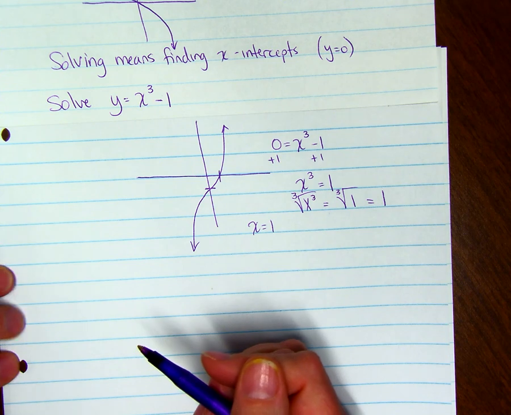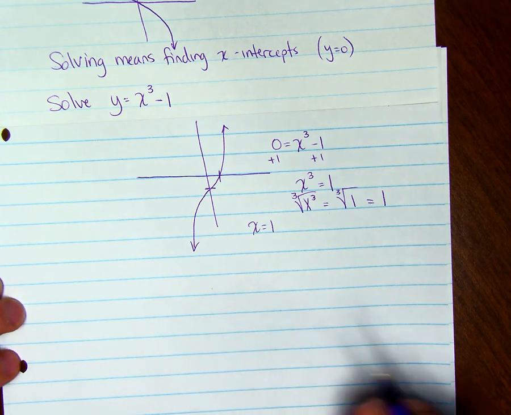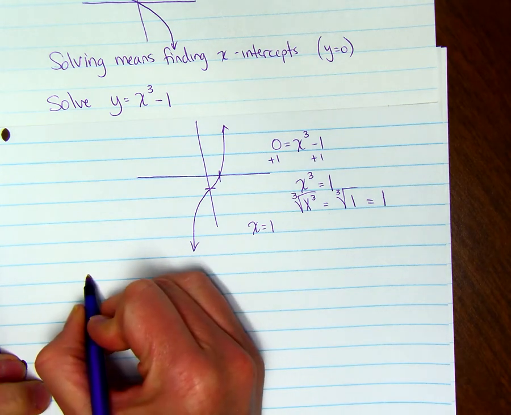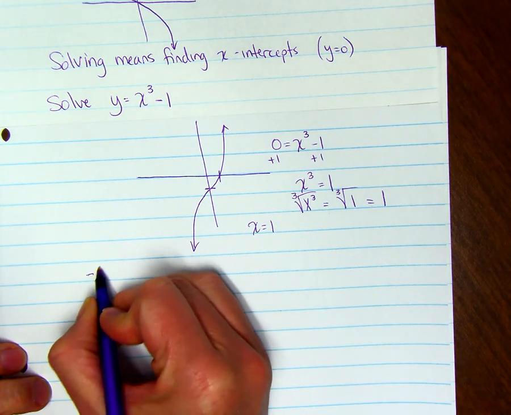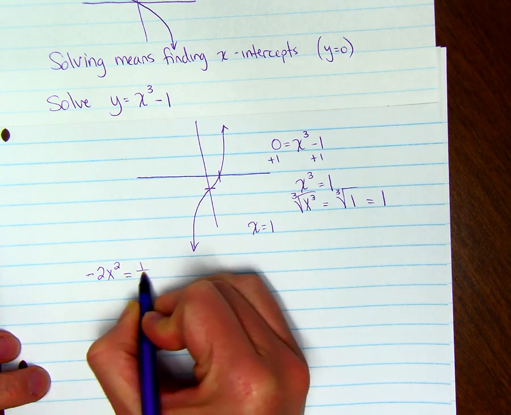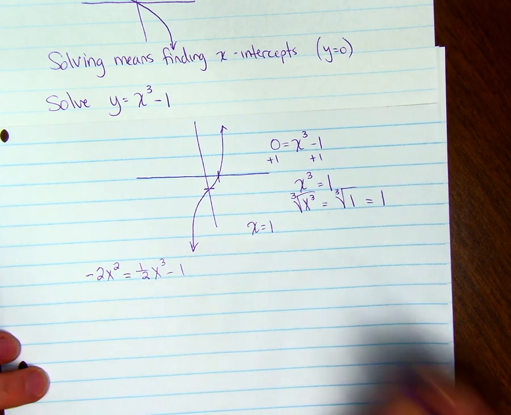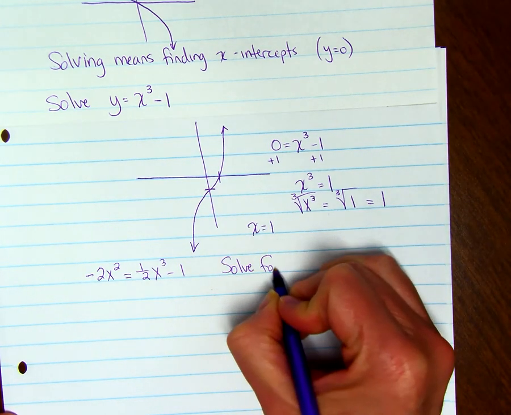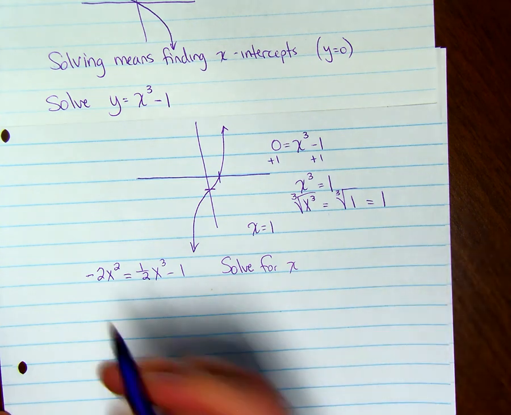Sometimes it says solve by graphing, and you can use the graphing calculator to plug in and find your zeros. So for instance, let's just do one, if we had -2x squared equals 1/2 x cubed minus 1, and we want to solve for x, or find out what x equals.